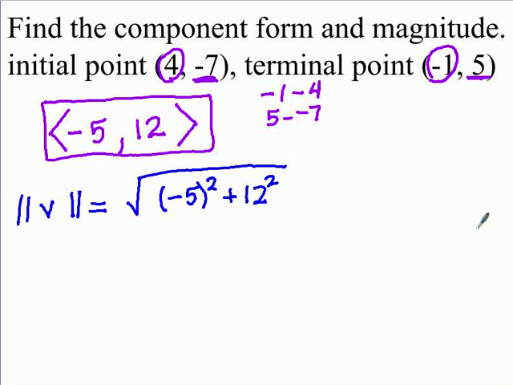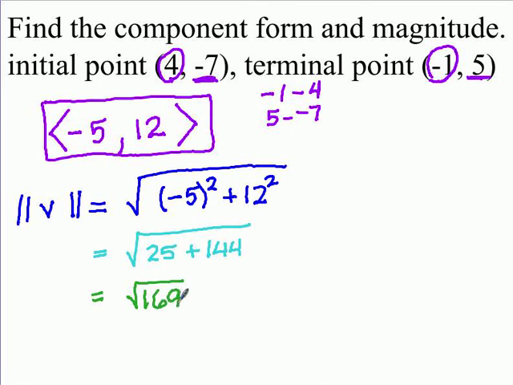Okay, so once you've found that component form, I can go ahead and solve it that way. So squaring -5, I get 25. Squaring 12, I get 144. So what is 25 plus 144? 169. Square root of that is 13. So that is what the magnitude of V is.